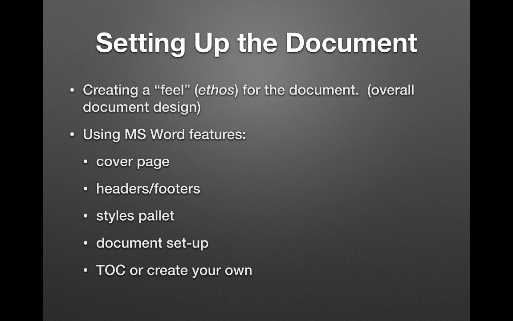Okay, so we talked about creating a feel and ethos for the document and using overall document design. And we talked about many of these Microsoft Word features, inserting the cover page. We also talked, I guess I don't have it here, about using templates that are available to you in your version of Word or through office.com. Headers and footers tie the different pages together within the overall document or within different sections.